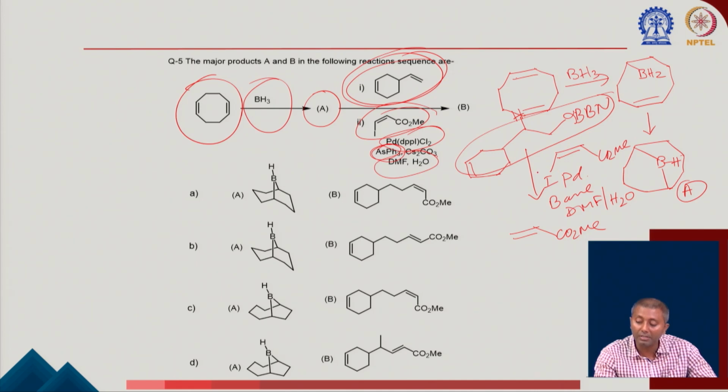So what will happen? This iodo will go for oxidative addition, and then there will be a transmetallation. So if you remember the mechanism, first oxidative addition, and after that I'm just not going to write all the different steps here, but the boron will eventually go for transmetallation.